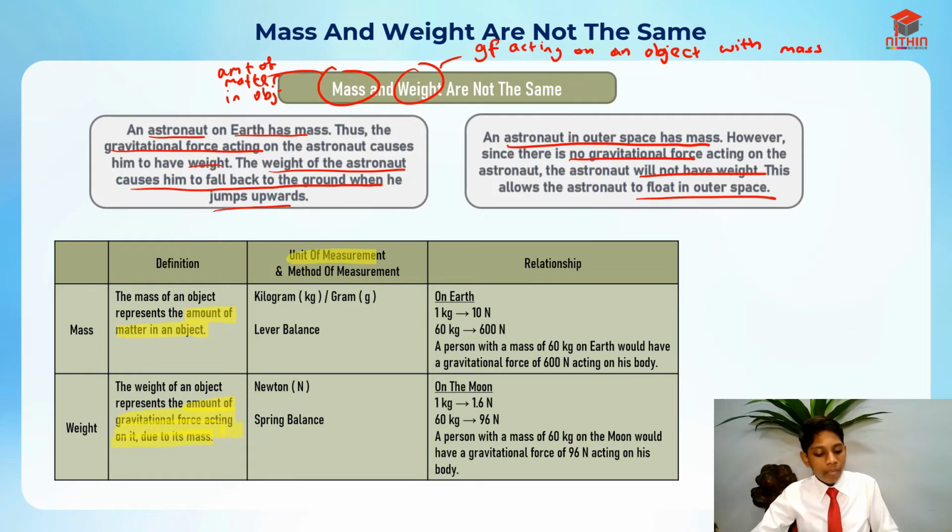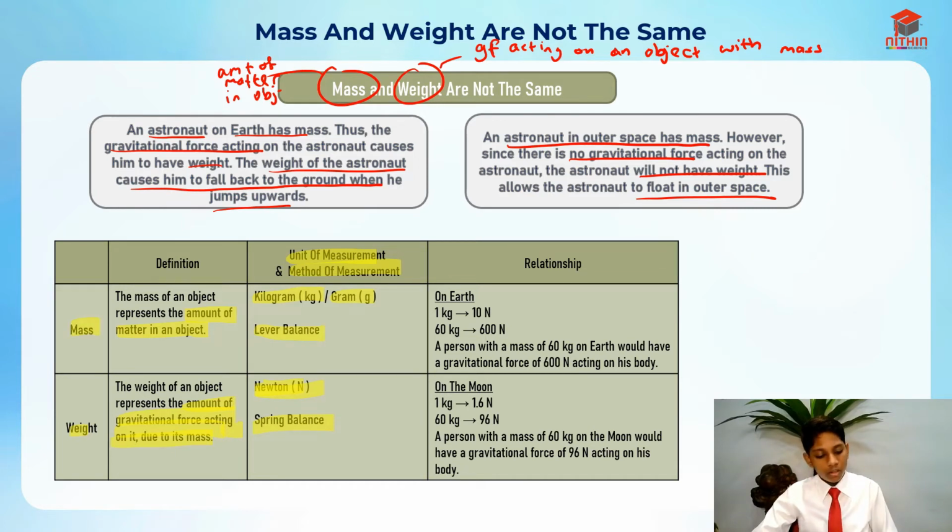So the unit of measurement for mass is basically kilograms or grams, and for mass, we measure it using a lever balance. Okay, and for weight, the unit of measurement is basically the Newton, like I said before, and we use a spring balance in order to measure weight.